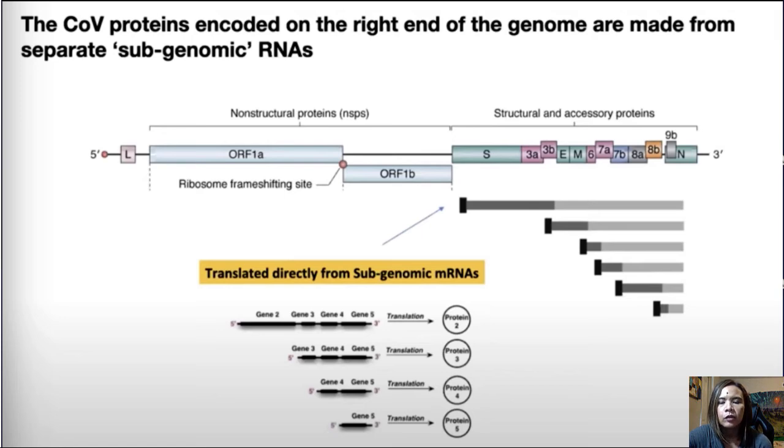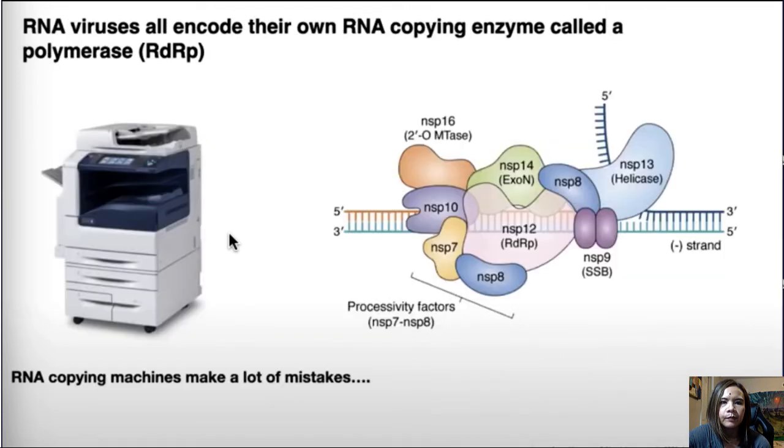So, to summarize, in order for your RNA genome to be expressed, it is a combination of polyprotein formation and subgenomic RNA that generates up to 27 proteins.